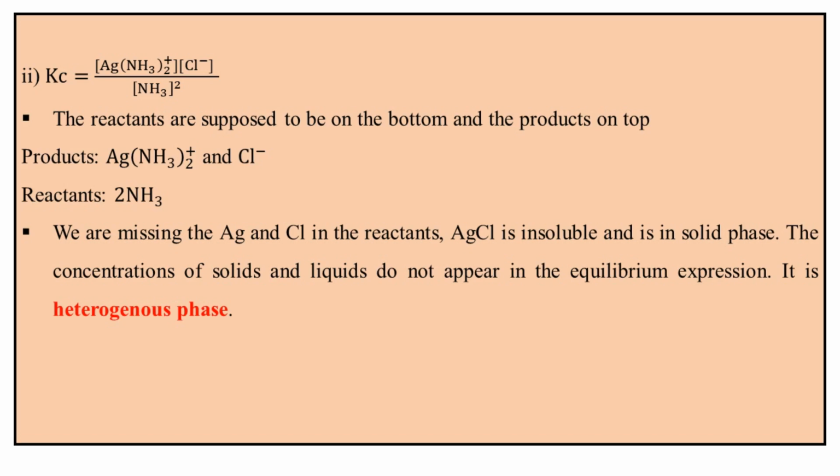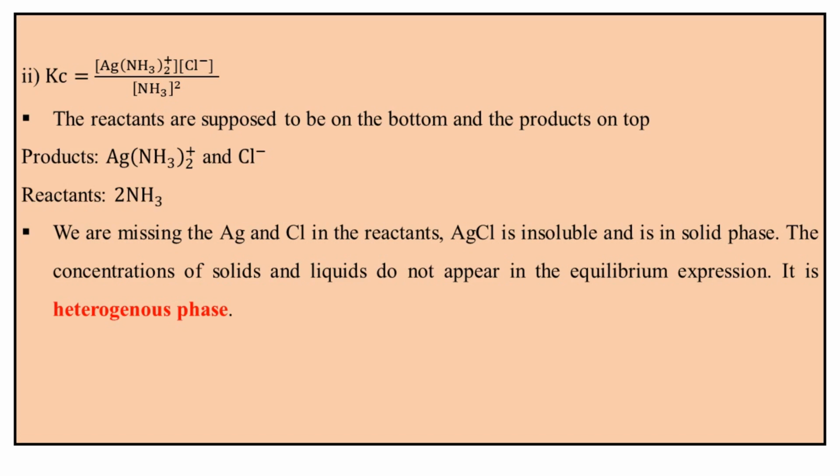That is how in the expression, the numerator holds the products and the denominator holds the reactants. We have this complex as a product, and also chlorine as a product, and on the denominator we have the ammonia as the reactant.